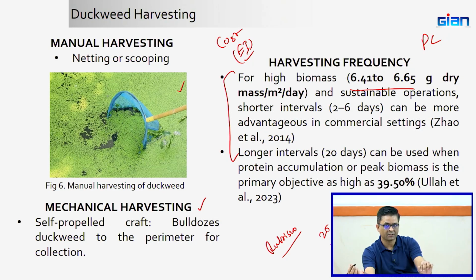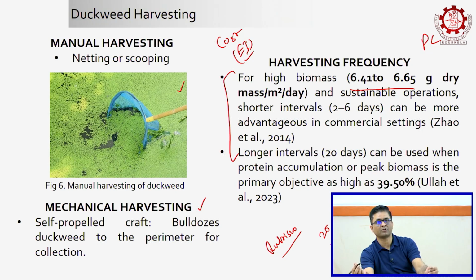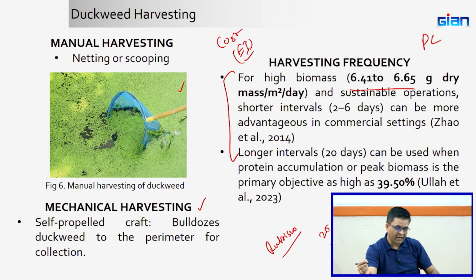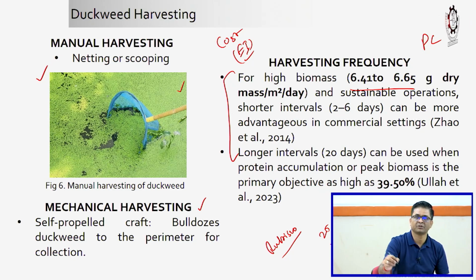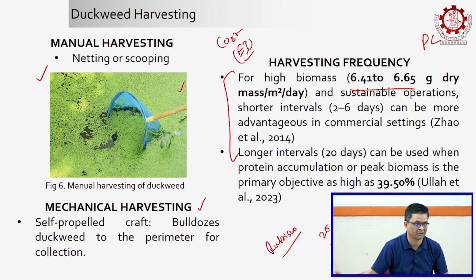It also contains starch, it also contains fiber, it also contains different bioactives, and those bioactives do have antimicrobial properties, and there are some IPs which I cannot go and discuss over here. Some of the bioactives from this particular plant are also used as a biofertilizer for different agriculture crops.